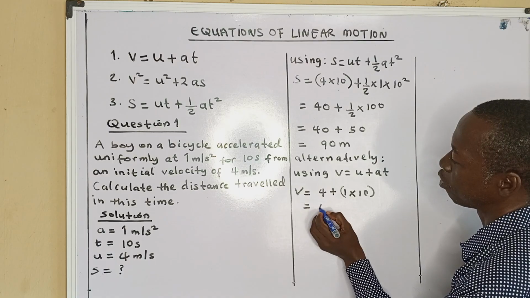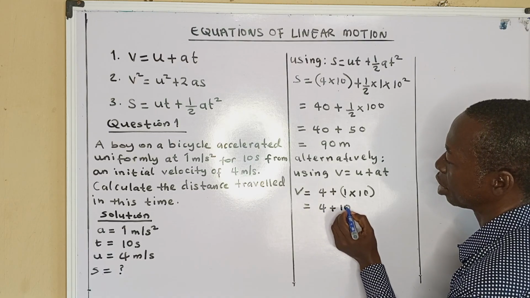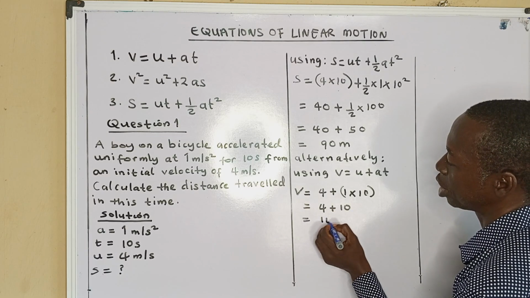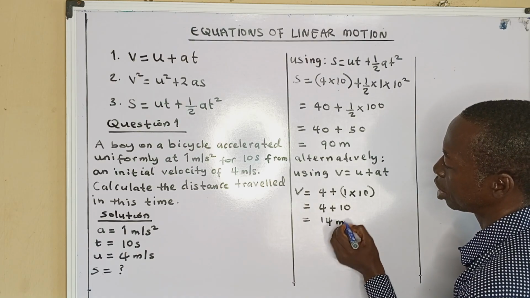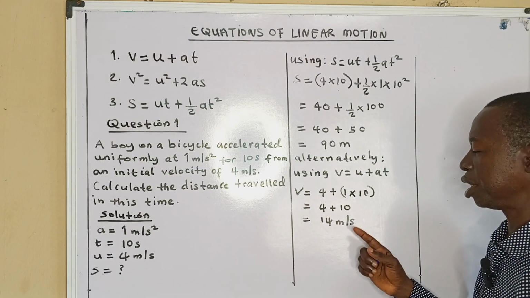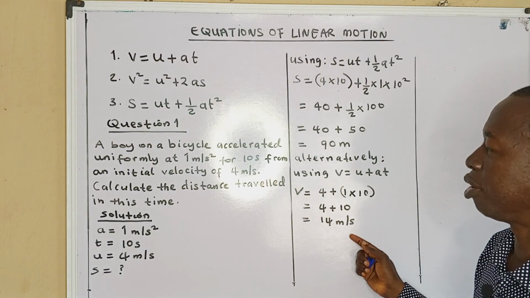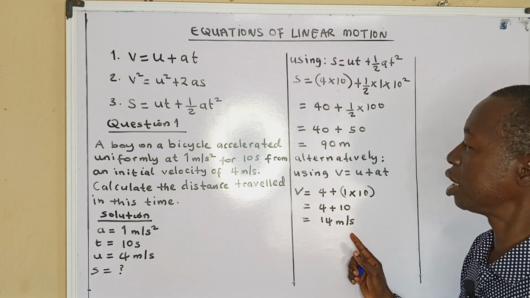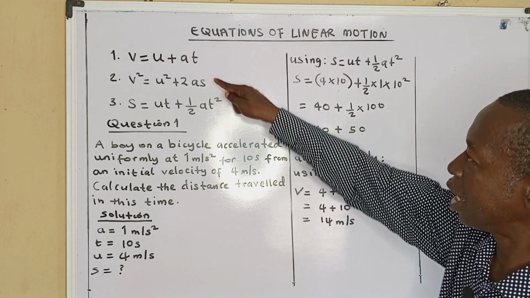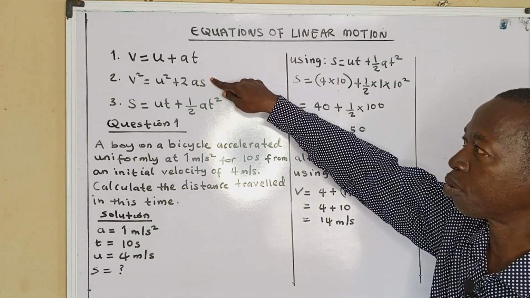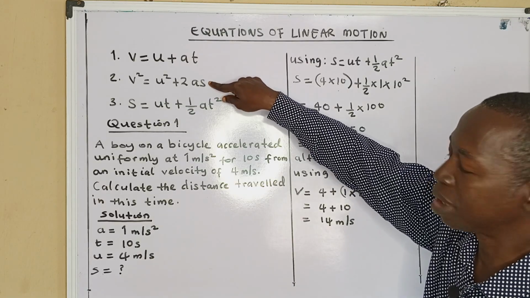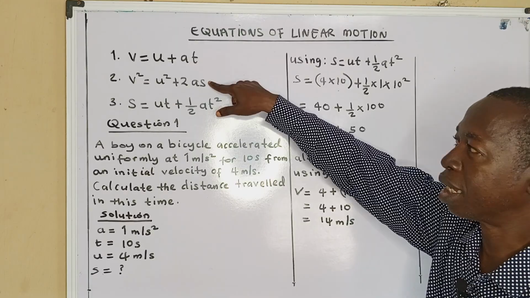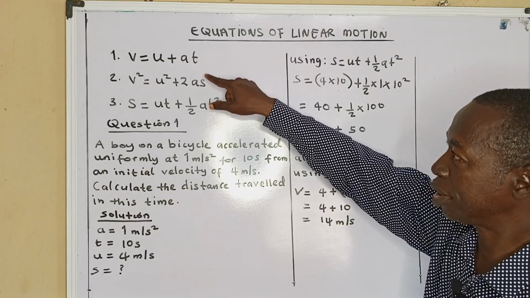So that becomes 4 plus 10, which gives me 14 meters per second. So this is the final velocity of the boy. I need this final velocity, which I'm going to insert into equation 2, and then make my s the subject of the formula. And by that, I'll be able to get the distance.